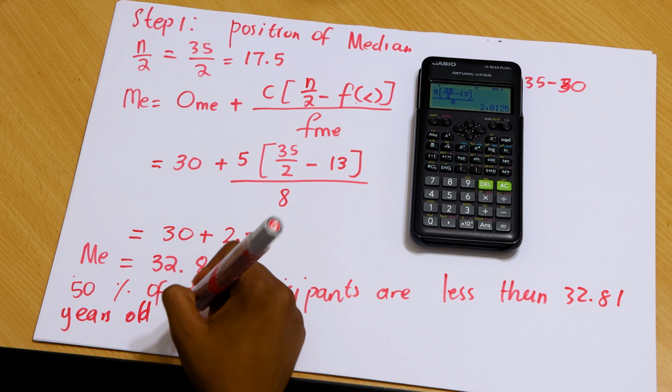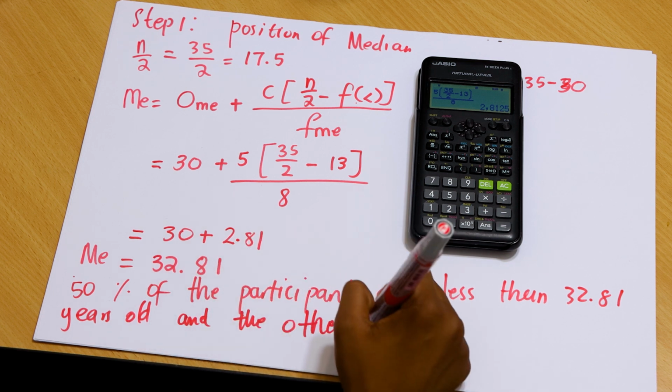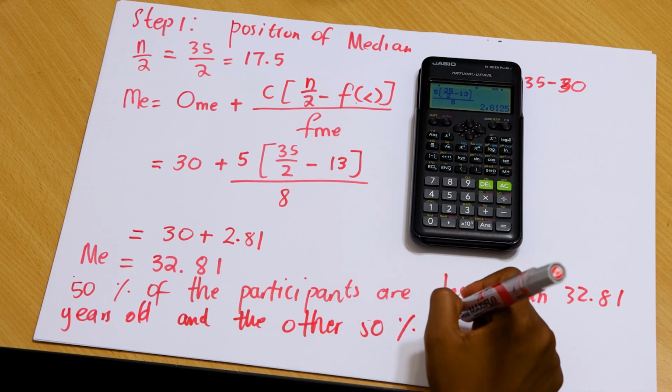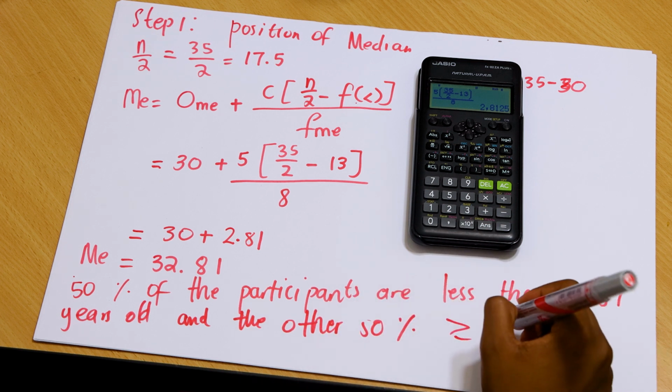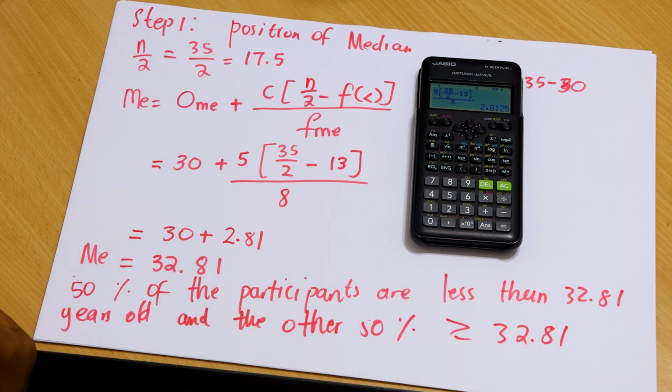Less than or equal to, and the other 50% is more than or equal to 32.81 of age. So that is how you calculate the median.